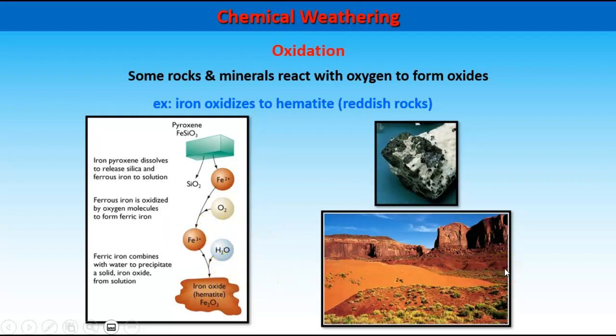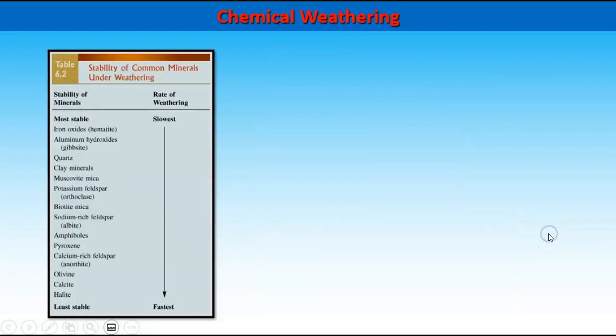It's typically very red, and a lot of times when you look at rocks and they're very red, it's an indication that there's some iron oxide in the rock. When you look at the rocks of Sedona, the red rocks are there because of oxidation that's happened, and there's some iron oxide or hematite in those rocks.